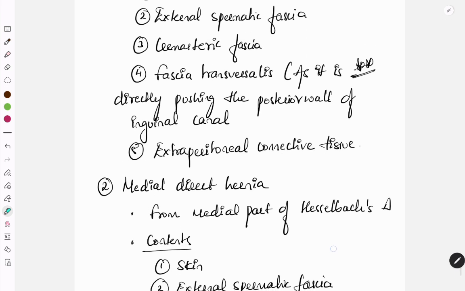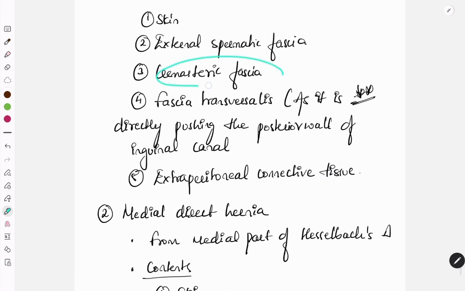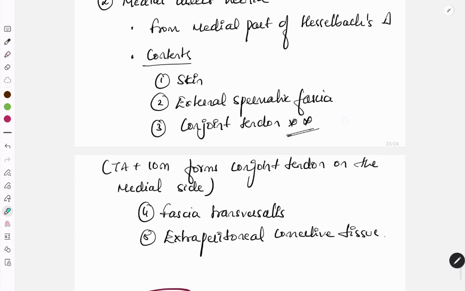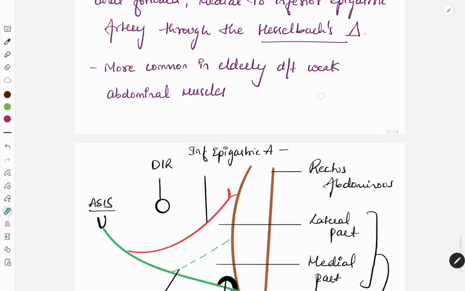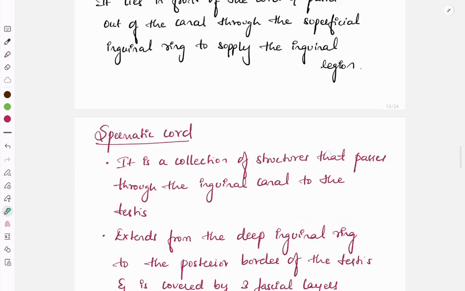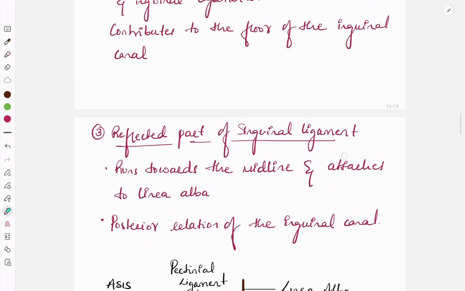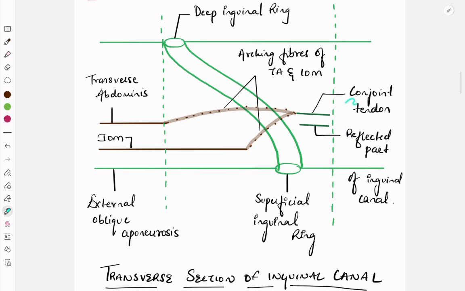So instead of your cremasteric fascia, you have your conjoint tendon. That you have to remember. If it is the medial direct hernia, medially we all know the conjoint tendon is present. Do you want me to take you to that diagram? Okay, wait. See, the conjoint tendon is present medially.